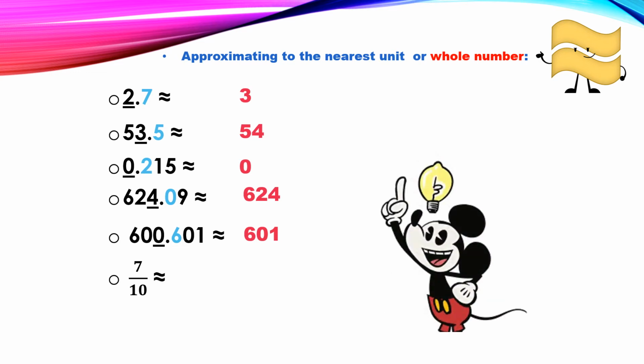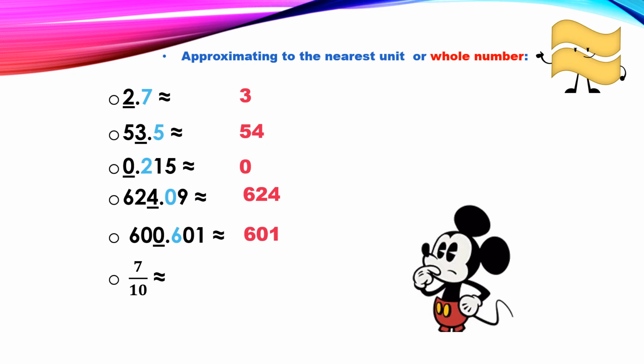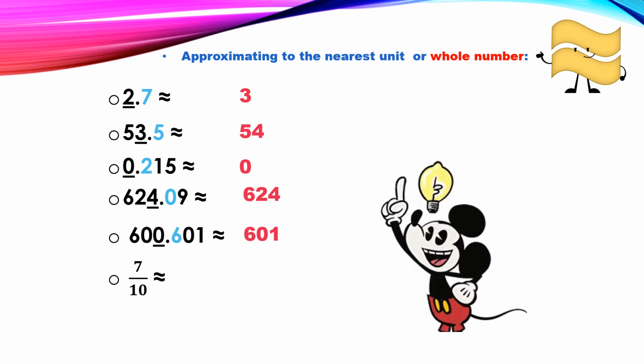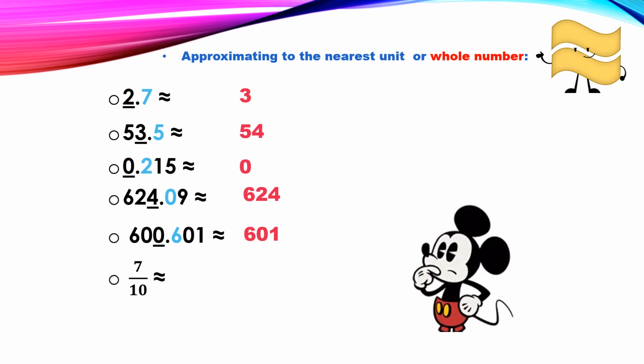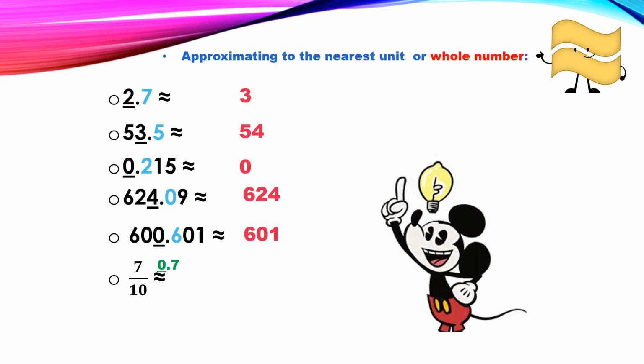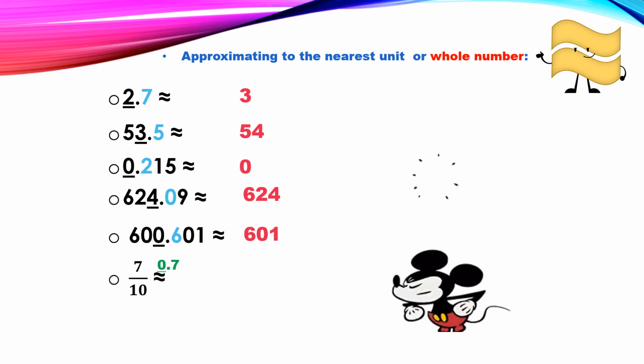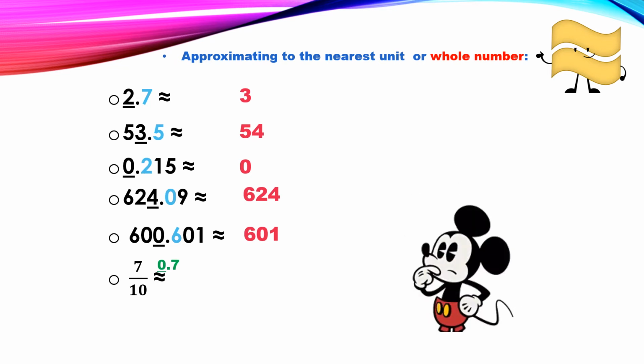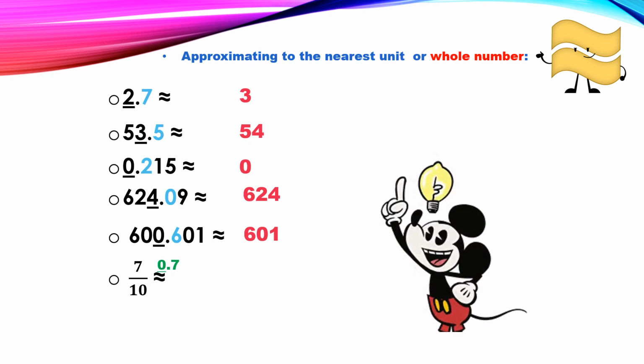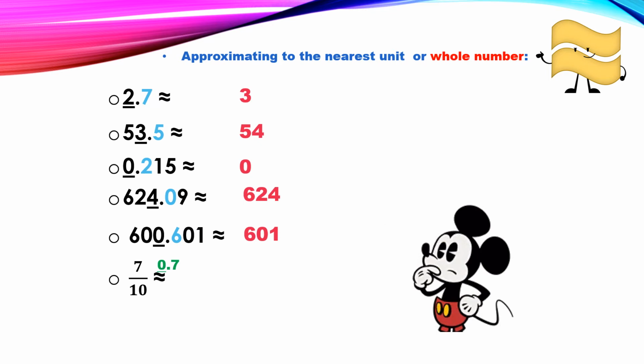We need the denominator to be 10 or 100 or 1000. As we know before how to convert from fraction to decimal, it will be 0.7. What is the digit in the unit place? It's 0. What is the digit before it? It's 7. Poor or rich? It's rich, so the answer will be 1.